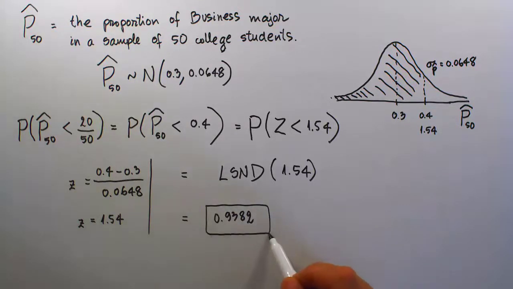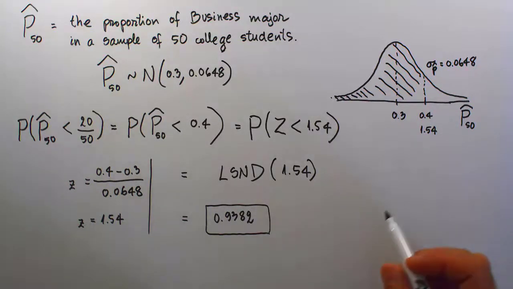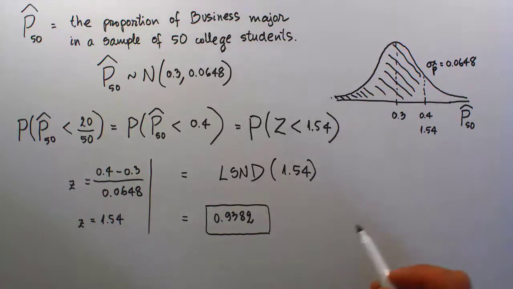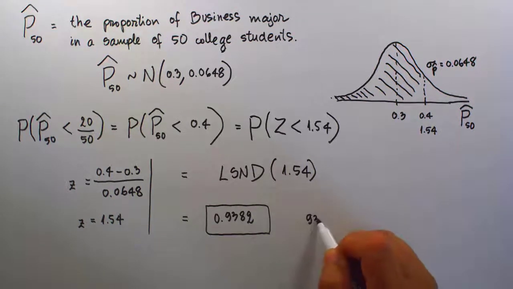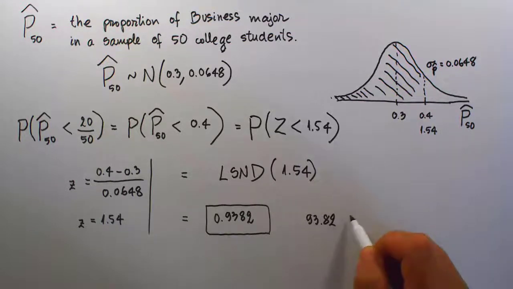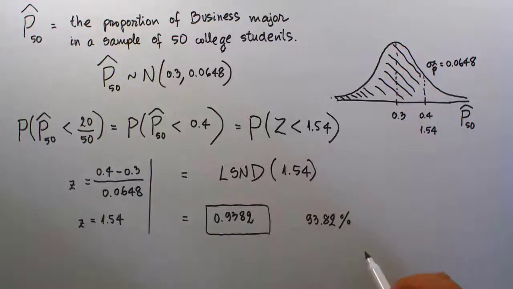And that is our final answer here as well. And so once again, the interpretation of this final answer is that anytime we pick a sample of 50 students, 93.82% of the time our sample of 50 students will contain less than 20 of them being business majors.